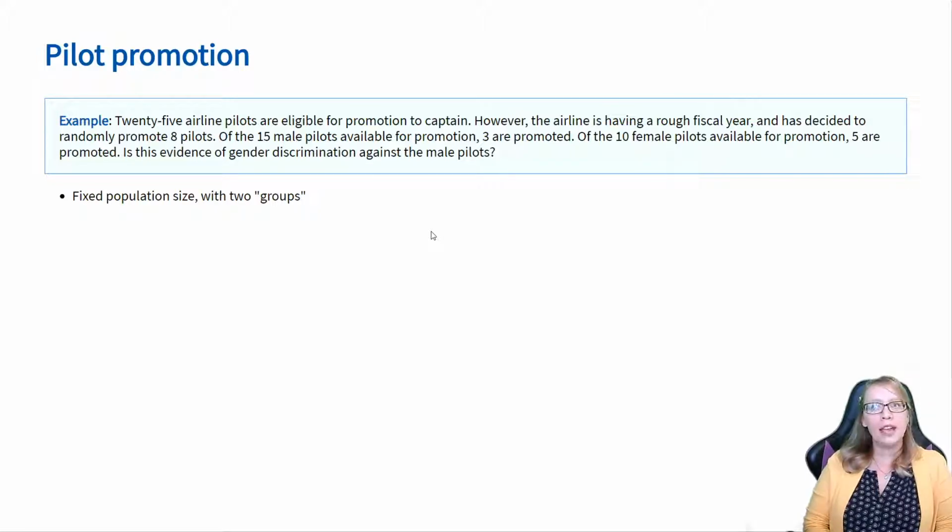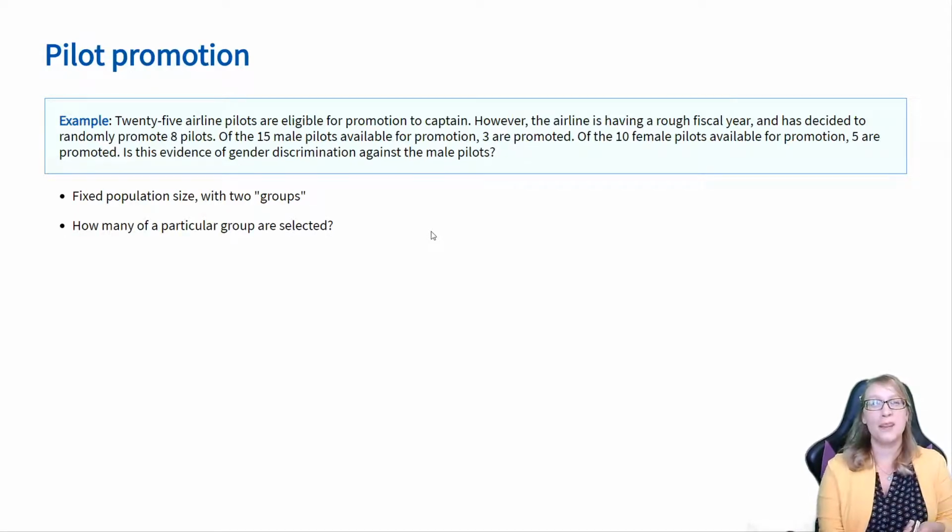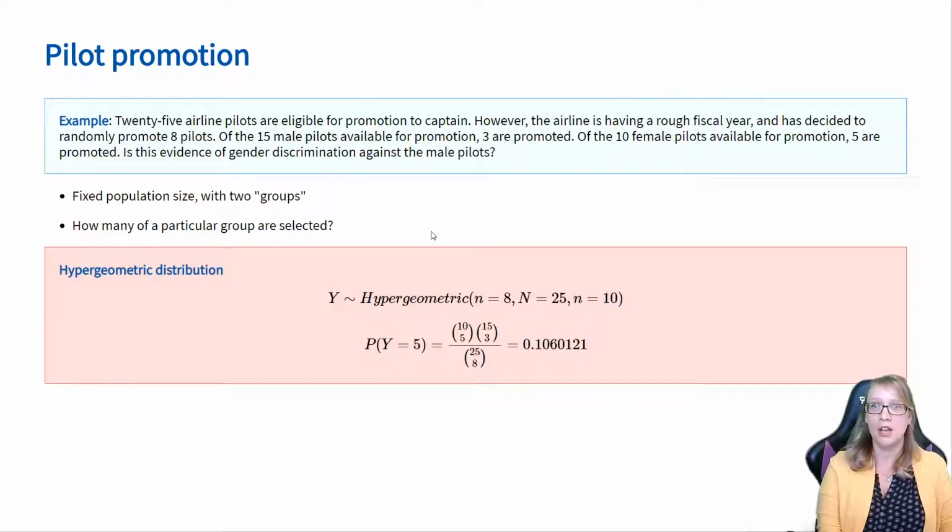So in this case, we have a fixed population size. There are 25 airline pilots that we get to choose from with 2 groups, male and female. Our question really comes down to this: how many of a particular group are selected? What's the probability that we would observe a particular number? So this actually becomes a hypergeometric distribution.